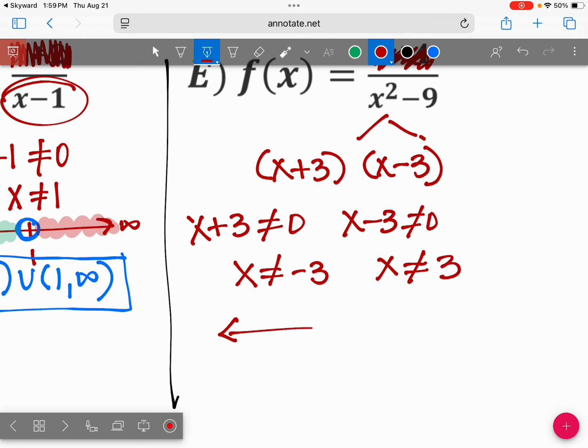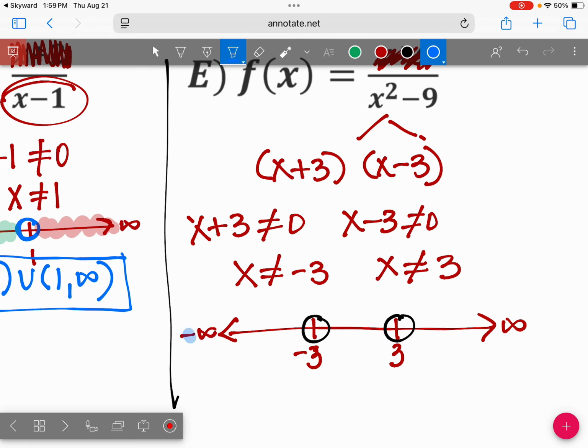So I'm going to draw my number line. Again, this is optional, but I just have found that students understand it a little bit better when they can see it. I have an open circle and an open circle. So now I have this piece of my interval, and then I have the middle, and then I have the right. So I'm going to break my domain. I'm going to have 3 sets of parentheses.